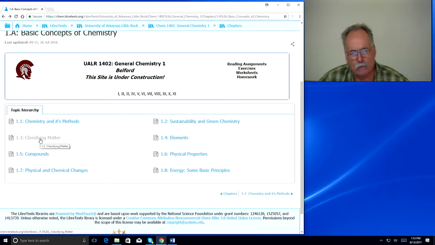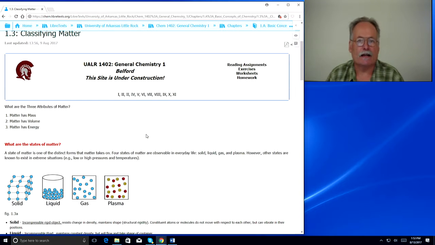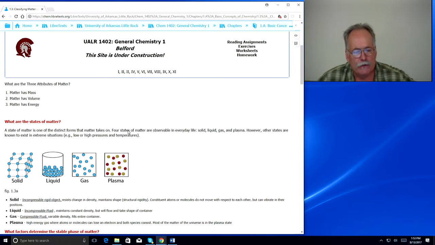Then we're going to get into the more core chemistry stuff that's going to be on your first exam, and realize that we're not having quizzes for the first two lecture periods because this is drop add, but this is the kind of material that would be in your daily quiz, okay? You need to understand the attributes of matter, that is, matter has mass, volume, and energy.